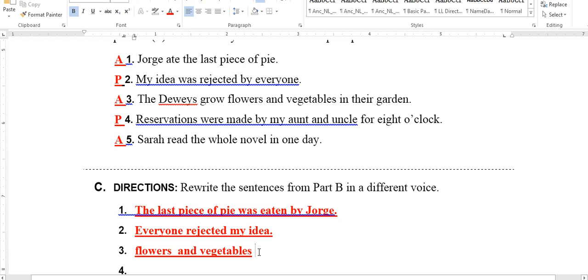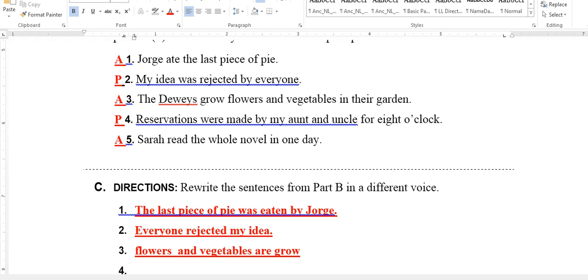Grow here is in the present simple. In order to transform it into the passive, it will be verb to be in the present followed by the past participle of grow. So flowers and vegetables, plural, so I would use are. And grow, grew, grown.